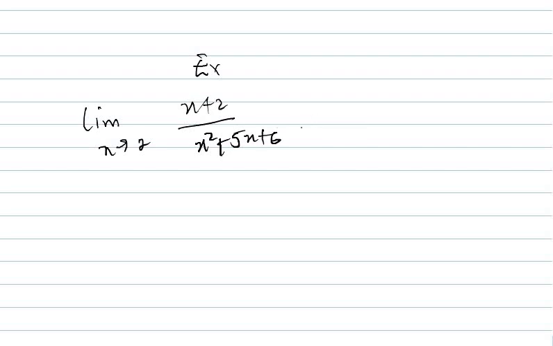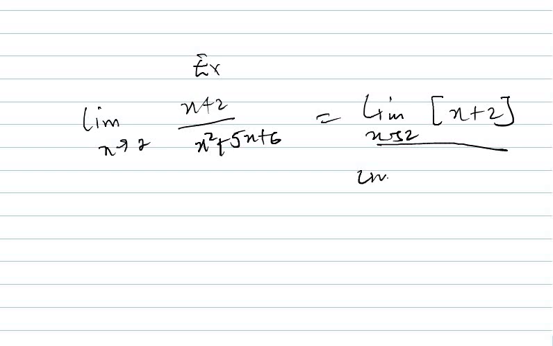Anywhere you see x, you put 2. Firstly, you can say the limit as x approaches 2 of the numerator, that's x + 2, and then for the denominator, the limit as x approaches 2 of x squared + 5x + 6.